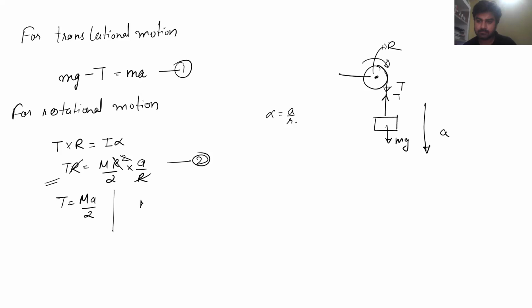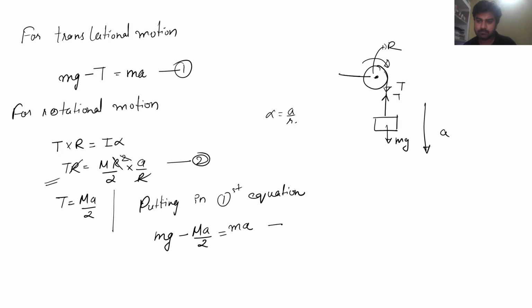So mg minus capital MA by 2 is equal to ma.